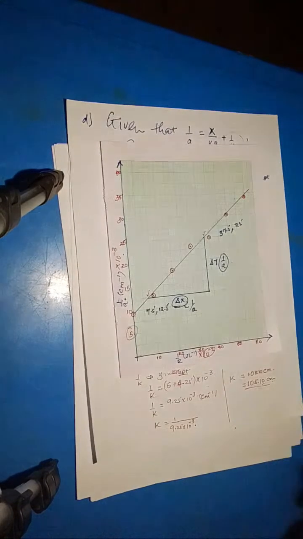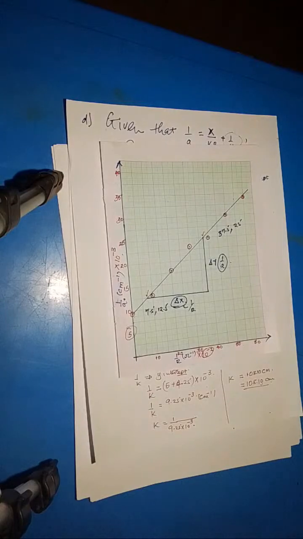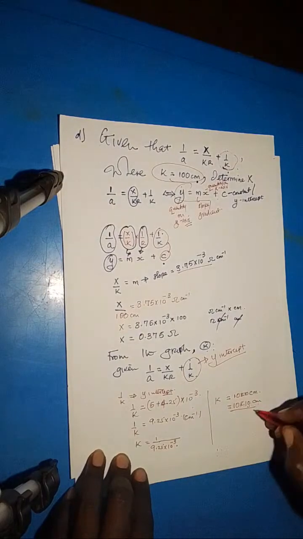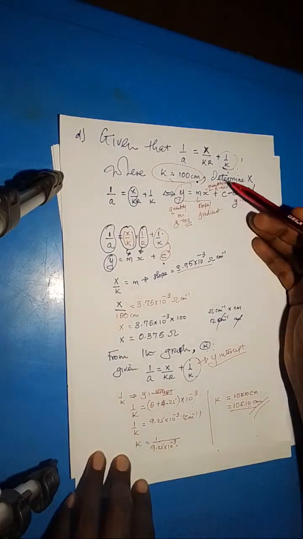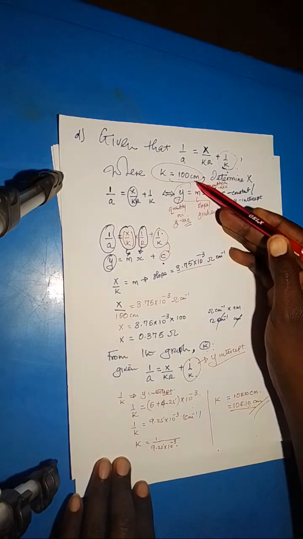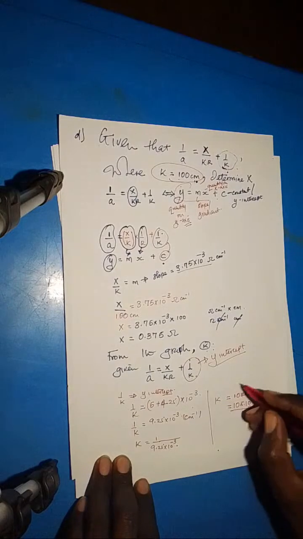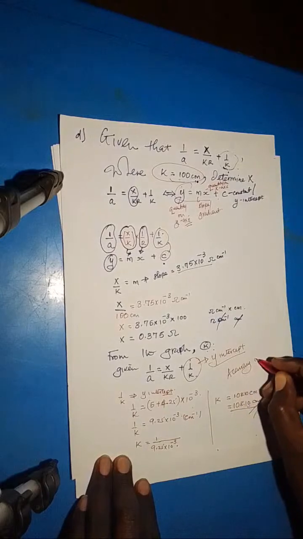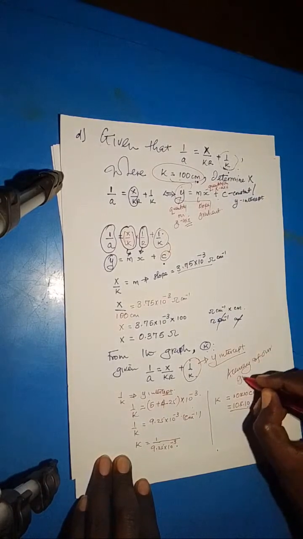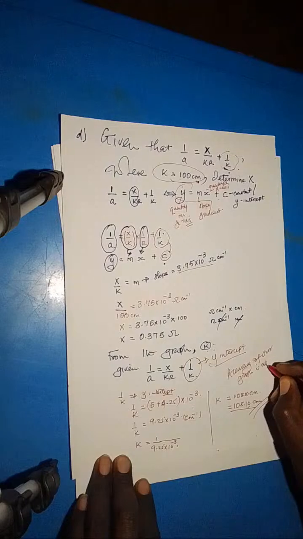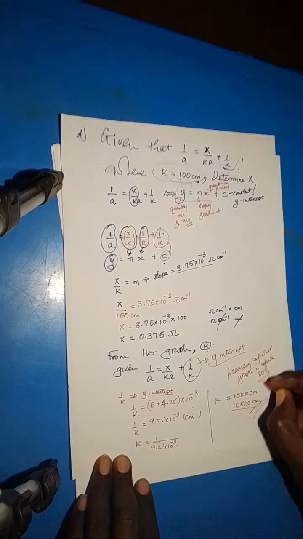So now, if you look at 108 versus the K that we had been given, that it is 100, you'll find that the accuracy of our graph is above 80%.